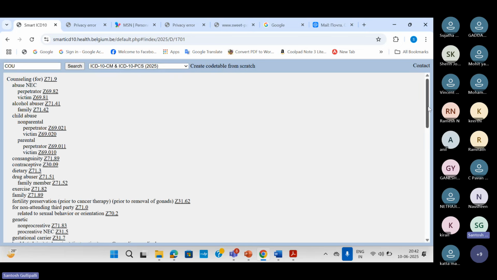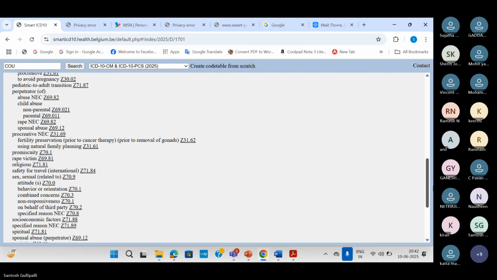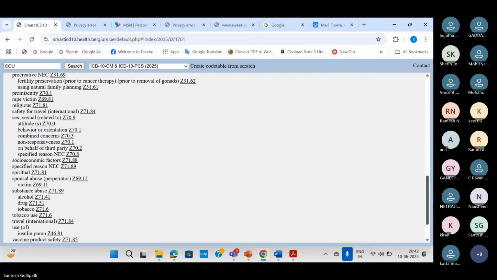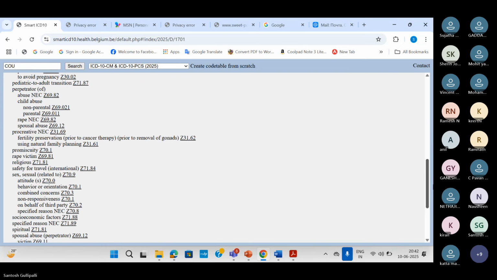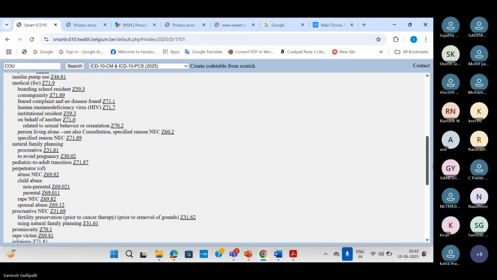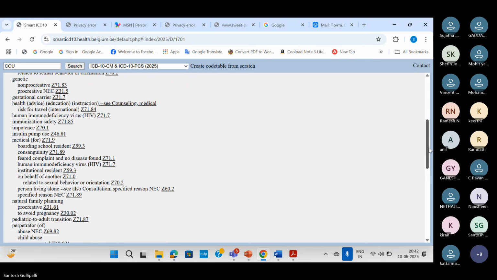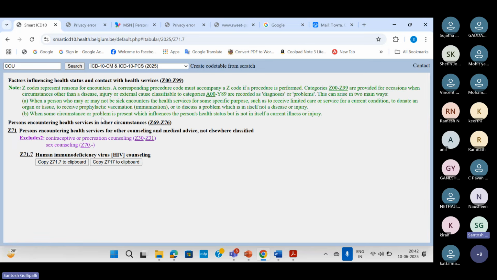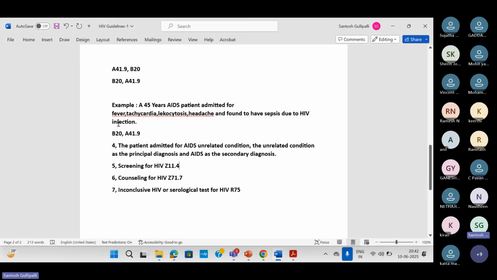Counseling for HIV is Z71.7. Screening for HIV is Z11.4.